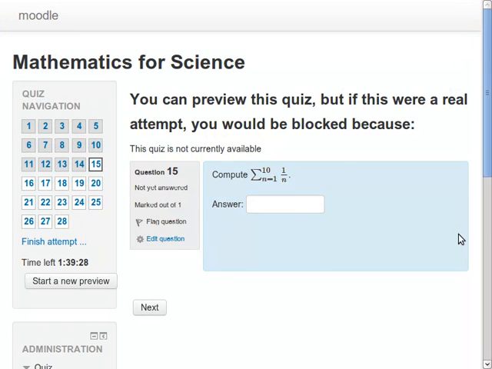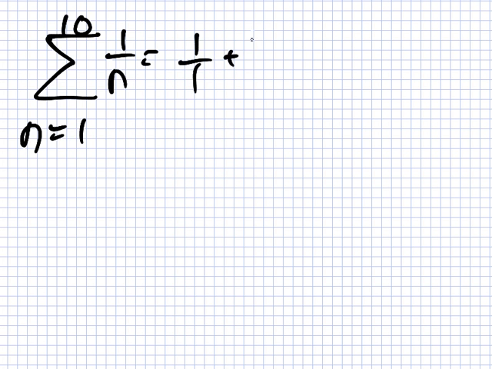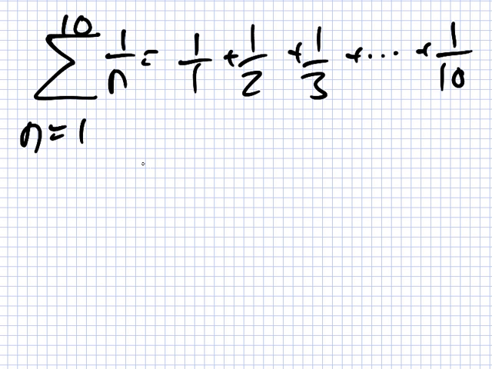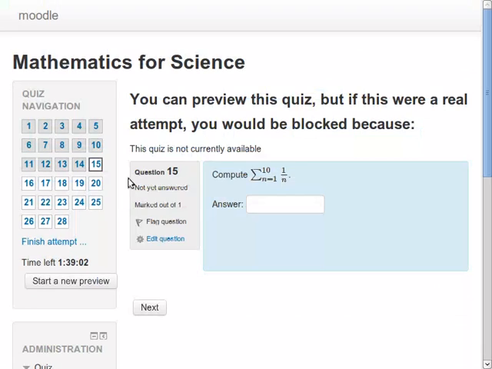Add up the numbers, calculate this. The sum from 1 to 10 of 1 over n. The only way to do this is by just typing it all out. But if you had your calculator, you could have the calculator add them up for you. 2.92. Just simple addition here. 2.92 is the answer.